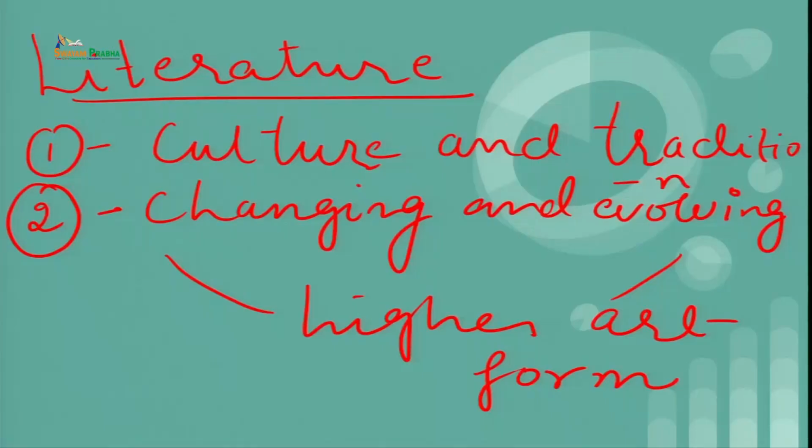Literature refers to a text which represents a culture, which represents a history, or it comes up in a higher art form. The other thing to mention is that literature can be classified into two important terms, and this is literary fiction and genre fiction.